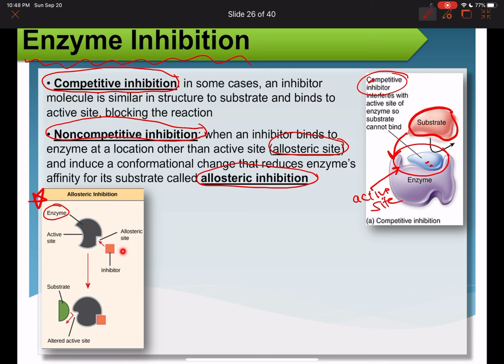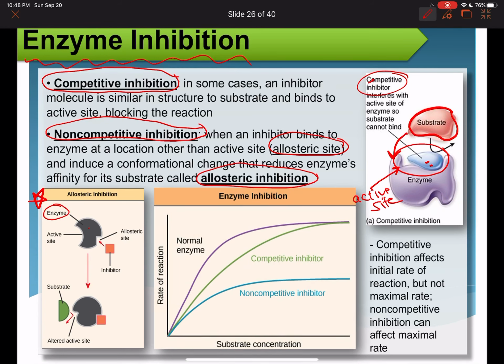If the non-competitive inhibitor comes in and binds to that allosteric site, it causes a conformational change in the enzyme itself such that now the active site is altered and no longer has this nice half circle shape, but has this weird shape. And the substrate coming in, oh, I can't bind there, I'm going to bounce off, because this active site is no longer perfect for this substrate, thereby blocking the action of the enzyme via an allosteric inhibitor, or non-competitive inhibitor.